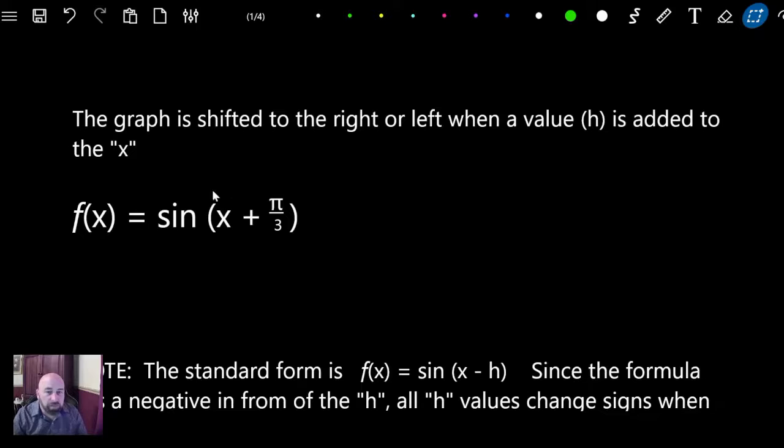All right, let's look at a couple things here on the screen. It says that the graph is shifted to the right or to the left when a value h, that's what this value is called. Remember we had the a value? What did the a value do? The a value was the one that either stretched it or compressed it. And then the b value, we had that also in the last lesson.